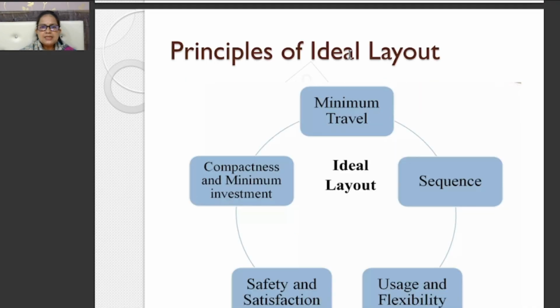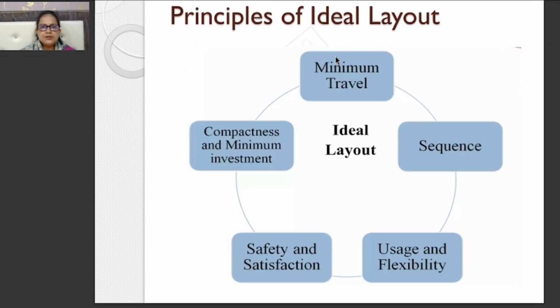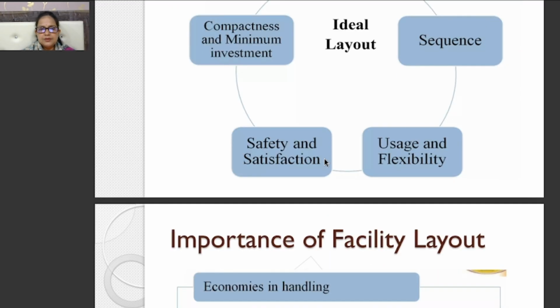Then we'll discuss the principles of an ideal layout: the sequence of the machines, the order in which the flow of material is happening, use and flexibility, safety and satisfaction in the organization, compactness and minimum investment, and minimum travel. These are the conditions of an ideal layout.